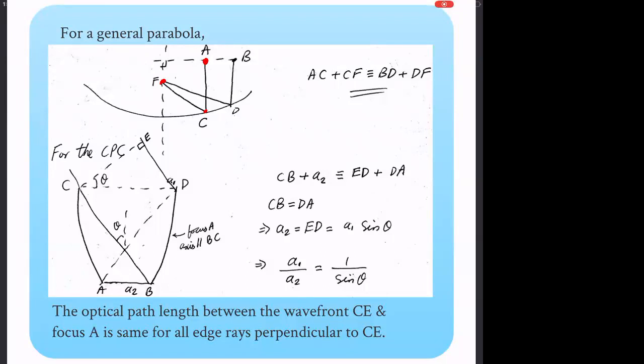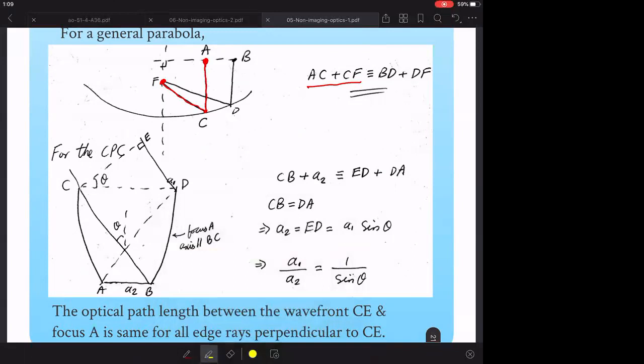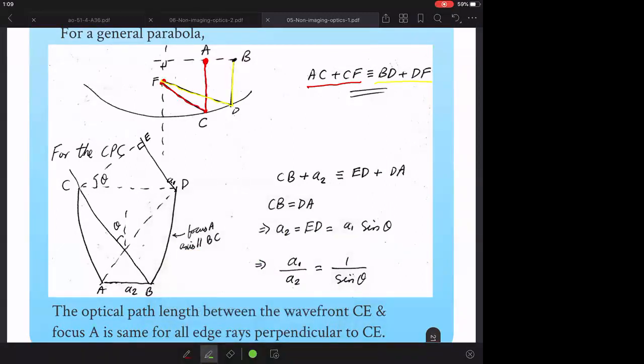Now what that means is that the path length, which we talked about a couple of lectures ago, from A to C plus C to F, which is shown here, is equal to the path length from B to D and D to F. You can actually show this mathematically.